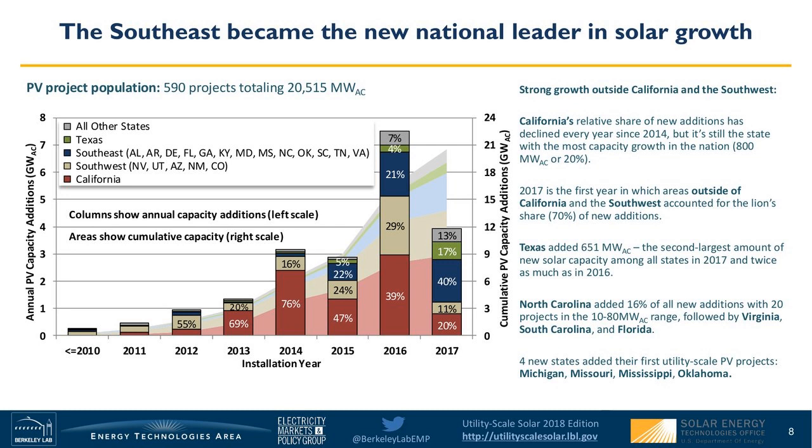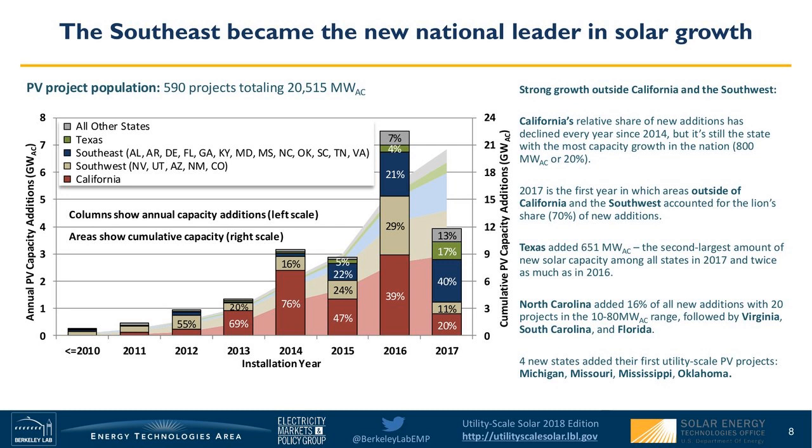I would now like to shift the focus a little bit towards the geographic footprint of new projects that came online in the year 2017. And the red bar at the very bottom is California. California has historically really been the leader in terms of new project capacity, but since the year 2014, really, its relative market share has declined each year.